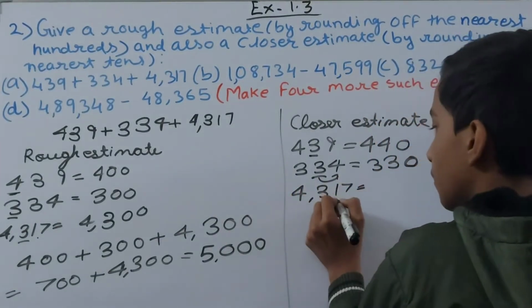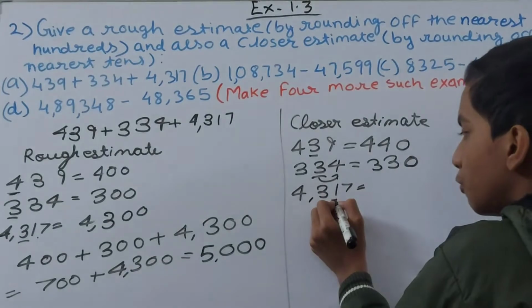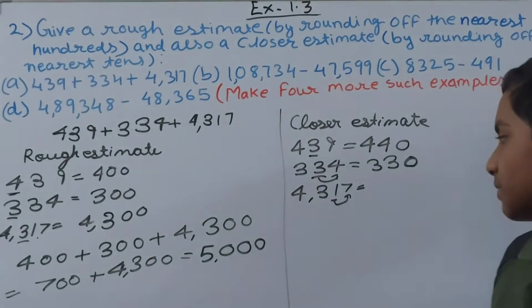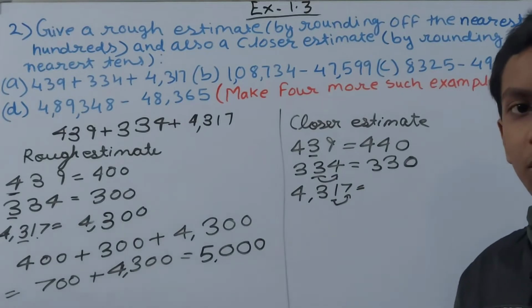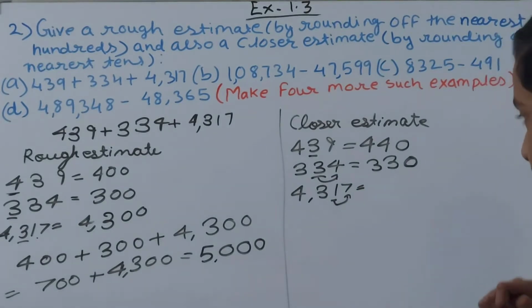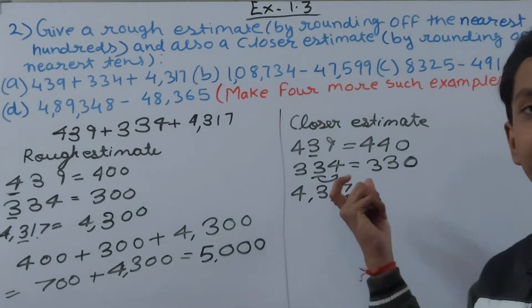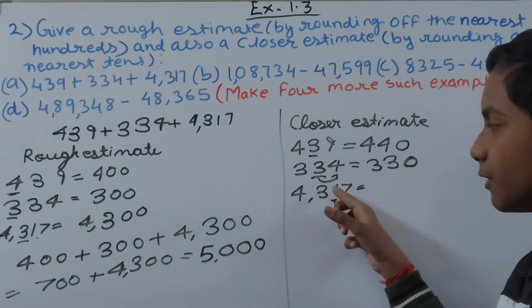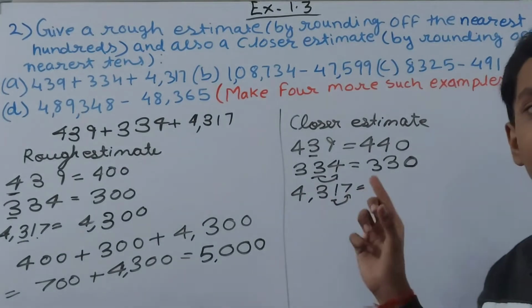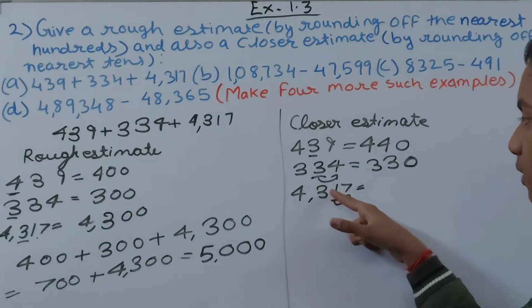Then 4317. 1 is here at the tens place, move one place back, you will get 7. Now that means we are having 7, which is closer to 10. So the digit at the ones place, 7, will turn to 0, and 1 will be added to the digit at the place we are rounding off, the tens.